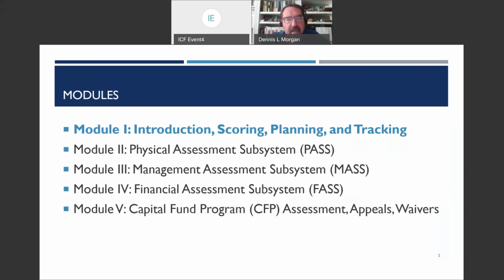We'll also cover that pretest in module number 5, which is going to be a post-test as well, to provide you the opportunity of also re-reviewing your answers and, of course, going over the correct answer in terms of the systems as well. But now let's go into the first module, which is that introductory module, the scoring and the planning and the tracking systems under the world of PHAS.